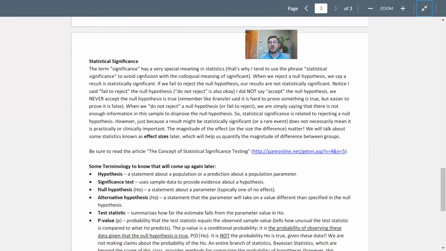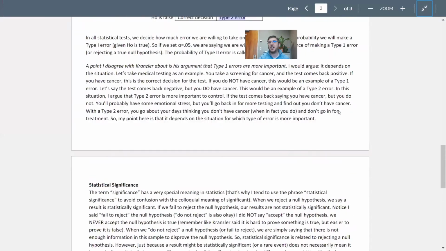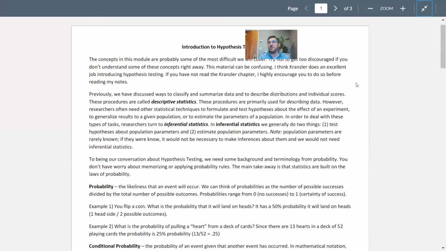I want to just introduce you to the concept here. And then I also have a little bit of terminology here that's going to come up later for us to know. You can read through my notes here and find out a little bit more information about all this. And I think the Kranzler text does a good job of introducing these concepts as well.